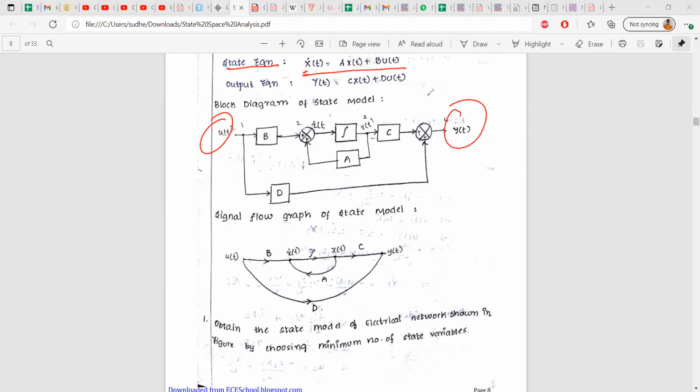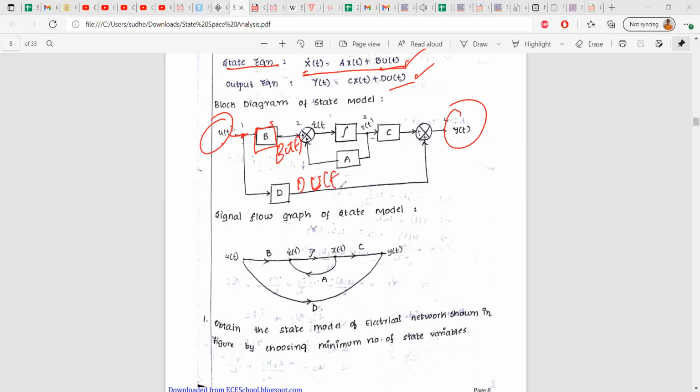See, first taking the u of t, where is u of t going? To B and D. So this u of t is multiplied with b, giving b into u of t, and the signal passed through d gives d into u of t.